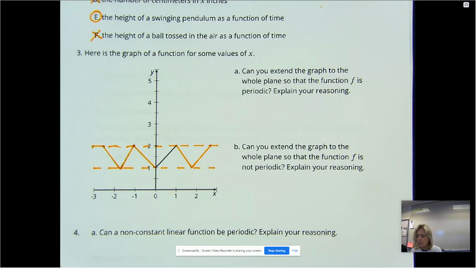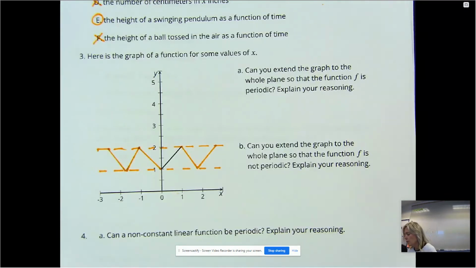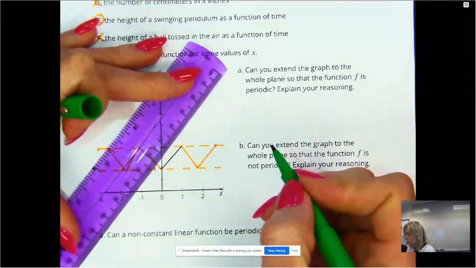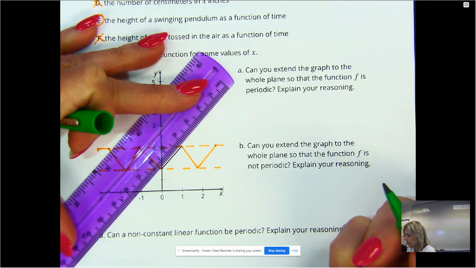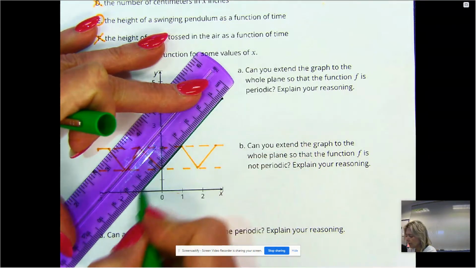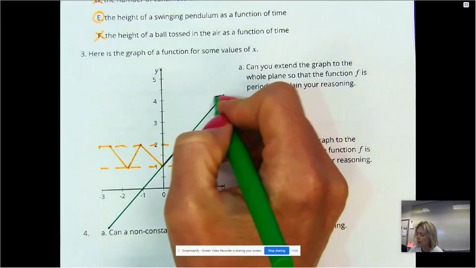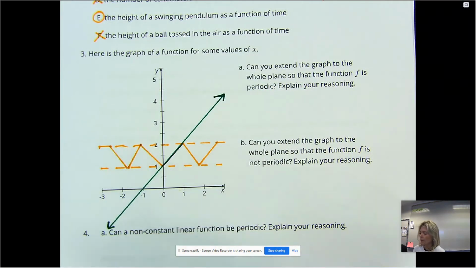Something that would make it not periodic is if we were to make it into a line. So there's a periodic and then not periodic. Anything where the outputs don't repeat over and over is not periodic, so just a line.